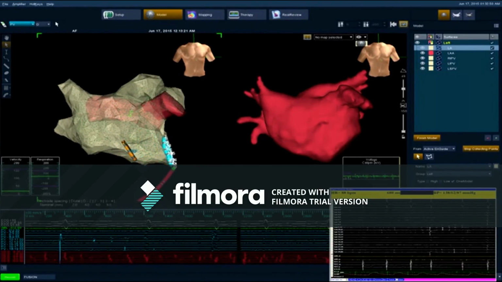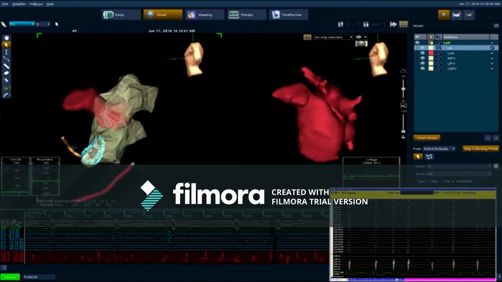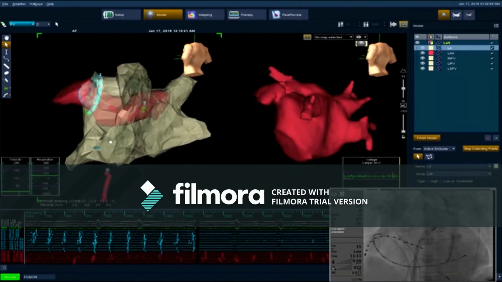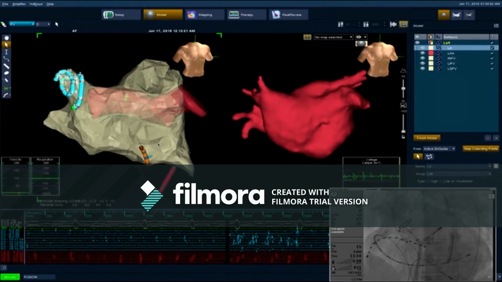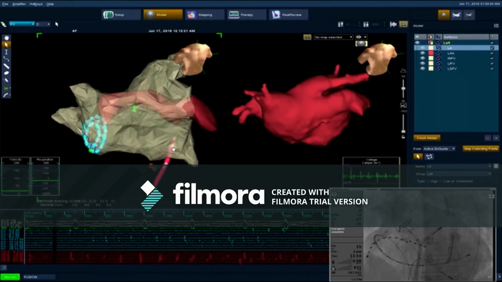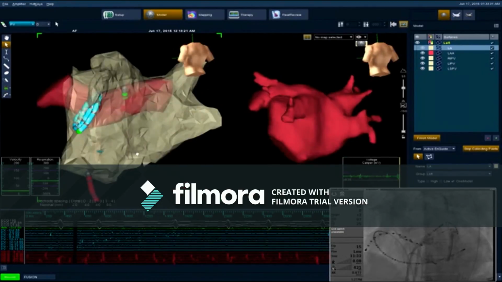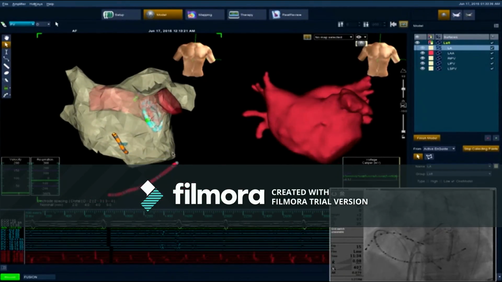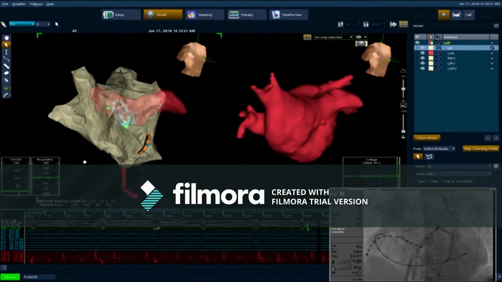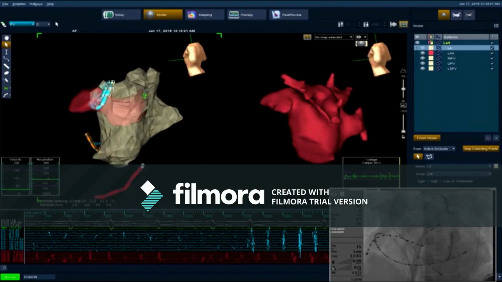Then near the mitral annulus, you can clearly see the pre-electrogram. And the RSPV anterior here.